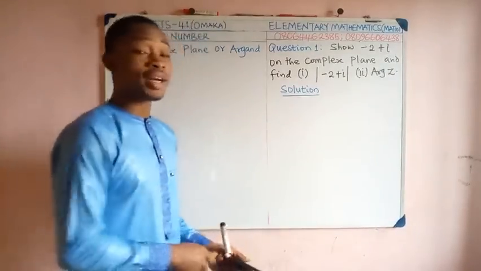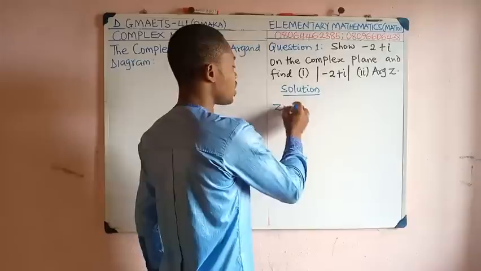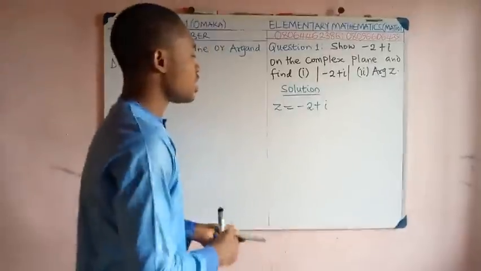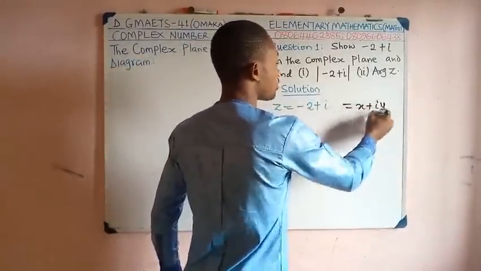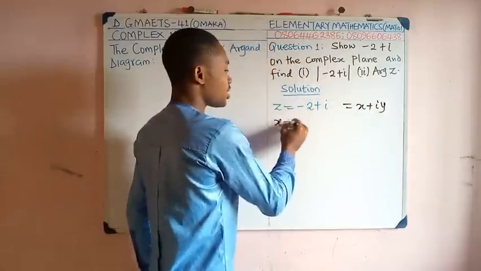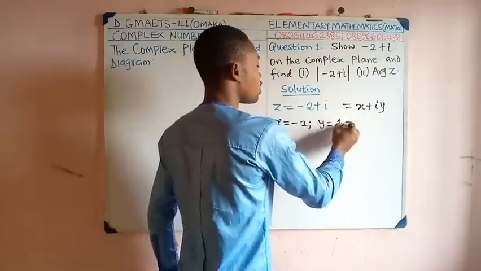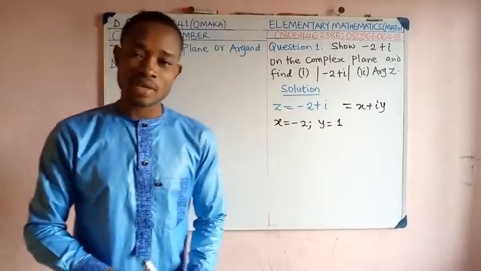So we have to show that on the complex plane. We are given z equal to minus 2 plus i. Take note that the real part gives us x. This is the same as x plus iy. So you agree with me that x is equal to minus 2 and y is equal to an invisible 1, that is the multiplier of i, which gives us y. Is that okay?